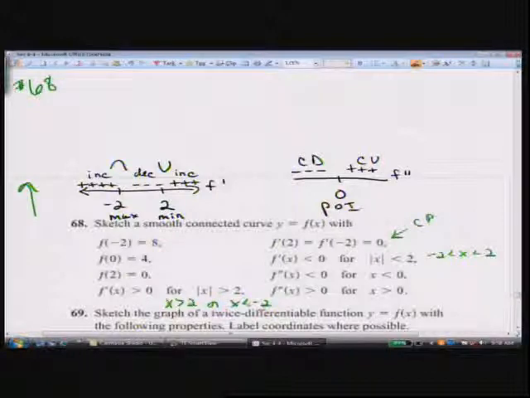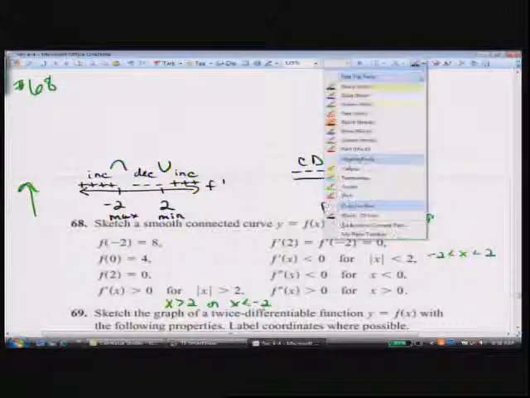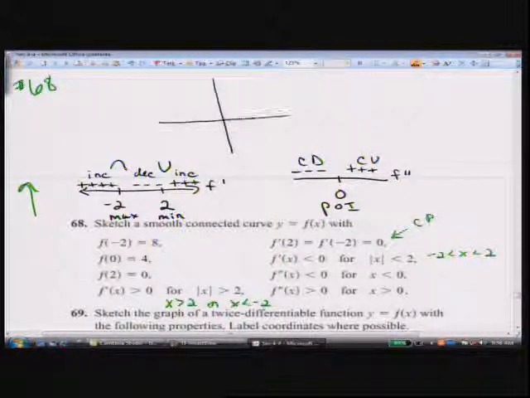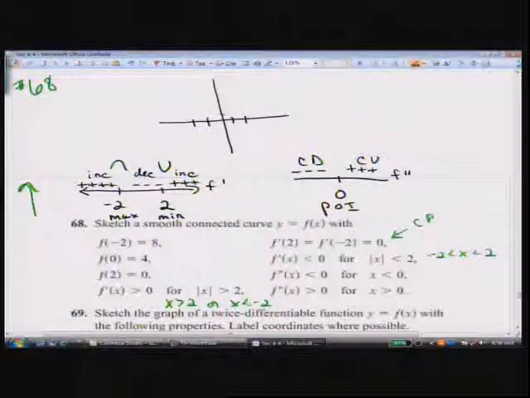Okay. So I will come in here and I will draw my graph. I've got -2 and 2. And they actually told me -2, 8. 1, 2, 3, 4, 5, 6, 7, 8. So -2, 8 is a point, 0, 4 is a point, and 2, 0 is a point.